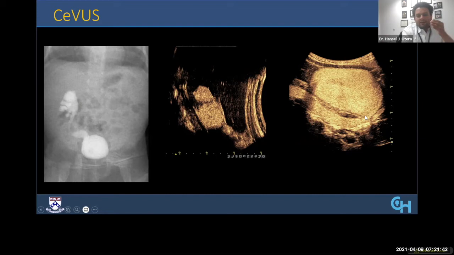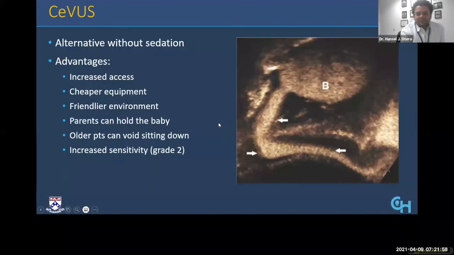So again, the findings are similar to the VCUG. As per usual, ultrasound has a limited field of view, so you need to know what you're looking for, and you need to change your field of view intermittently from bladder to ureters to kidneys. You can also see the urethra with a perineal approach. In this case, the image is upside down because the probe is in the perineal area, so you can see the entire urethra.